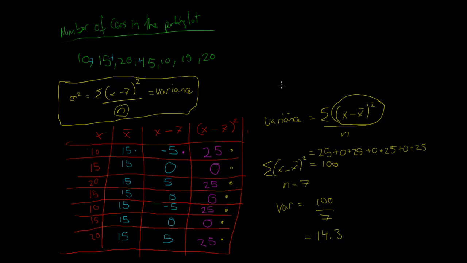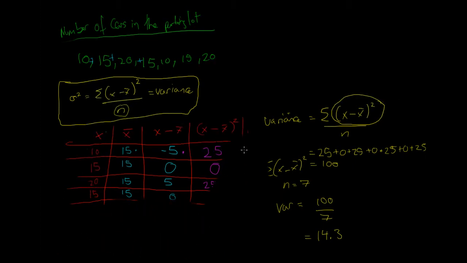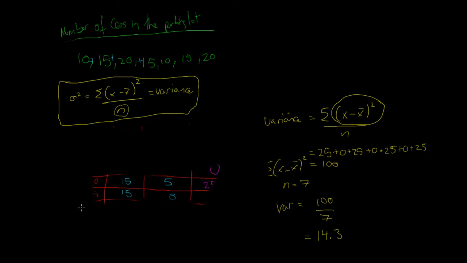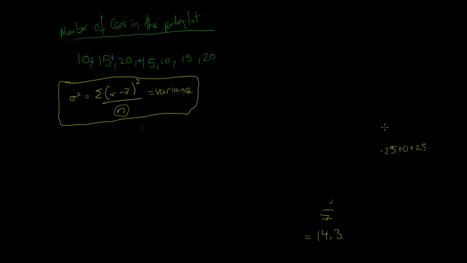Once we've got our variance, it's actually quite straightforward to calculate our standard deviation. So I'll leave this formula here. I'll just get rid of this table, and I'll get rid of all this. What we've just worked out is that our variance for this set of data is equal to 14.3.